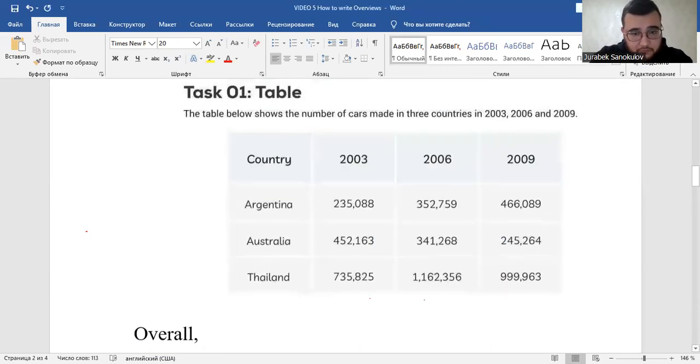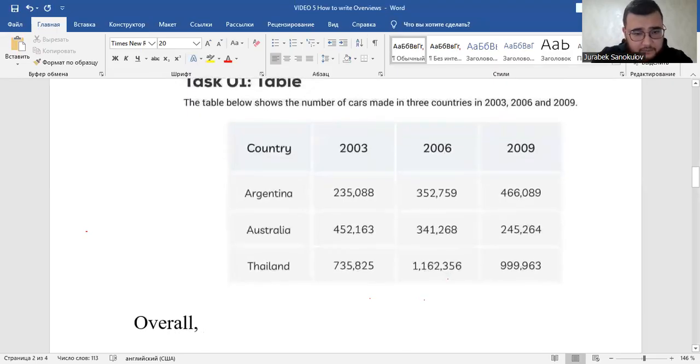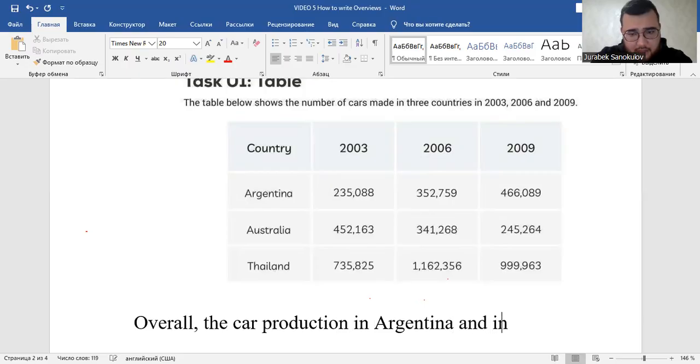Overall, let's just say the car production in Argentina and in Thailand increased noticeably.